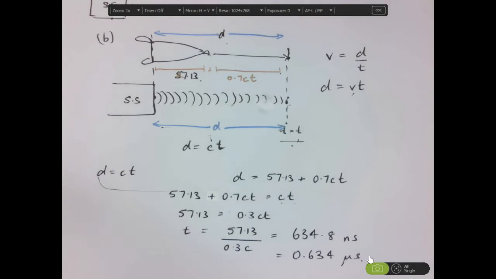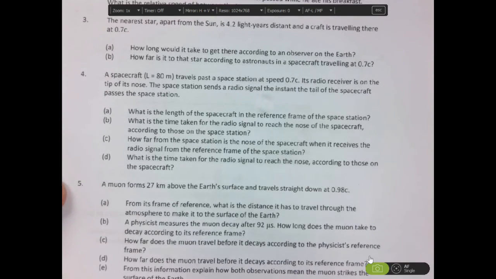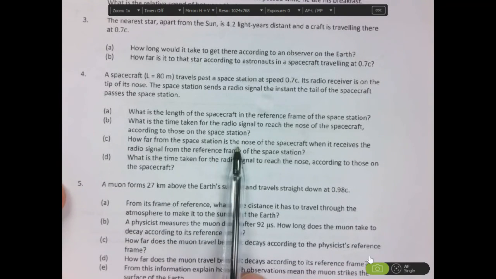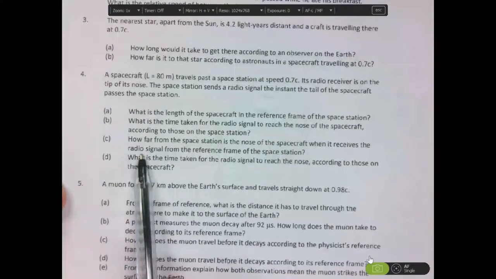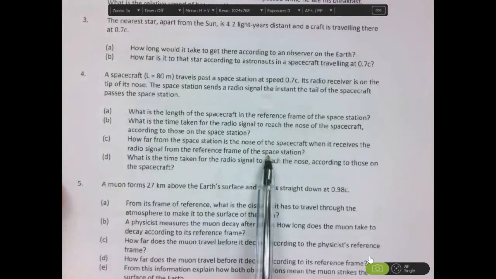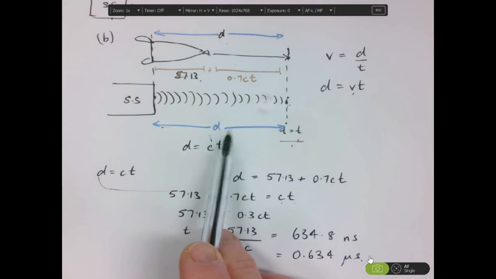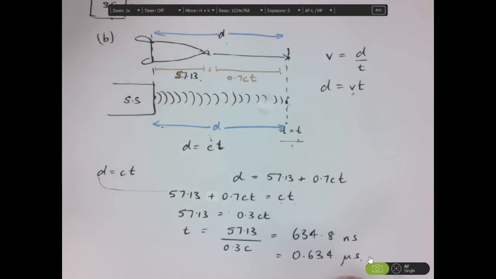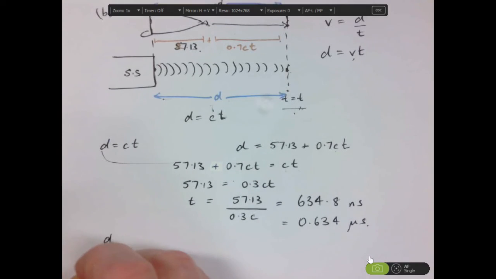Right. So let's have the next question. How far from the space station is the nose of the spacecraft when it receives the radio signal from the frame of reference of the space station? Well, all it's asking is, what is this distance here? So that distance, d, would equal ct.